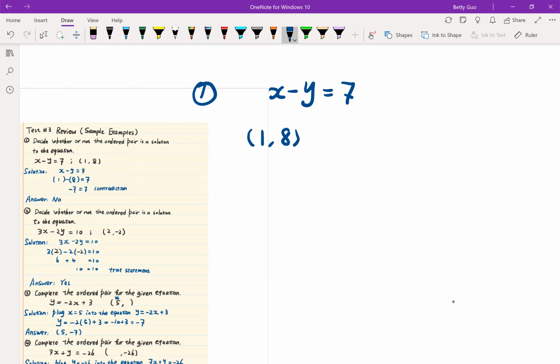How do you determine? Plug in. Awesome. Exactly. Okay, you plug in and let me know what you have. You plug in x equals 1, y equals 8, right? Let's see if we have a true statement. Then yes, it is a solution. If we get a contradiction, then it's not a solution, right?